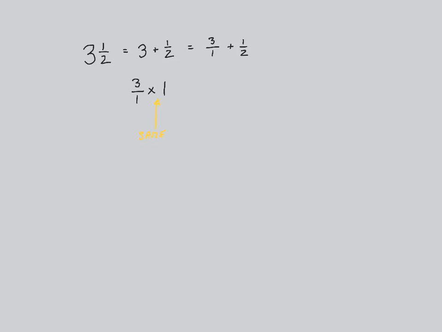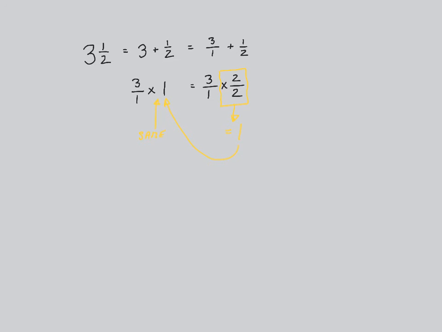Well, the reason we do it is because we can do what we did on the very first page. We can multiply by 2 divided by 2, because we know that 2 divided by 2 equals 1, which is what we had here.